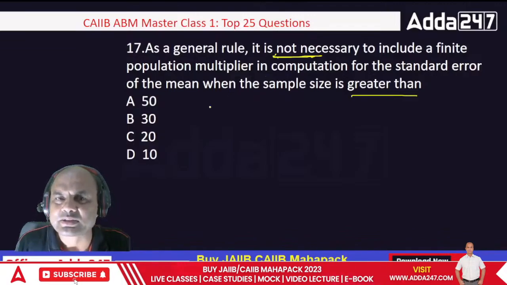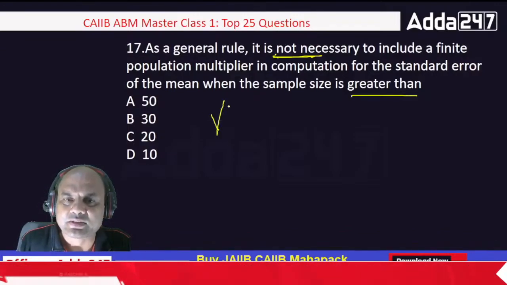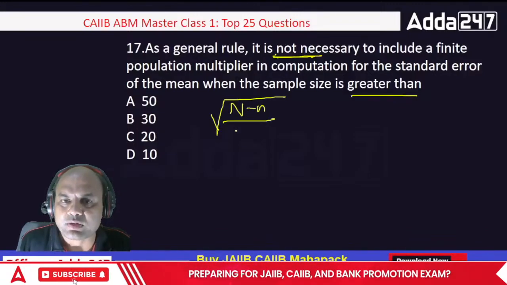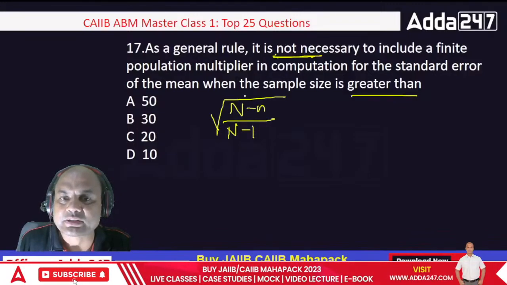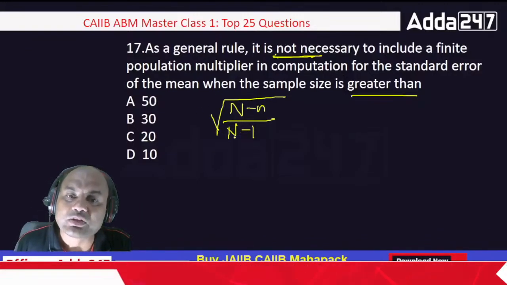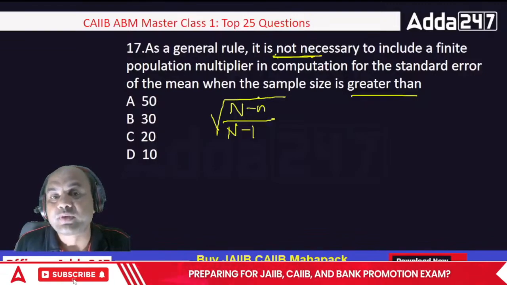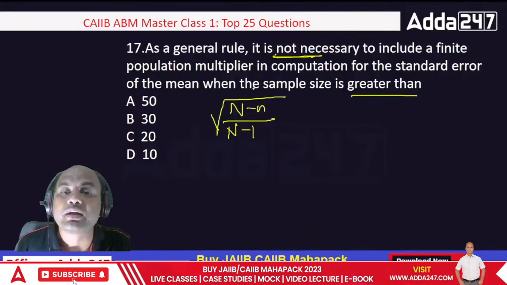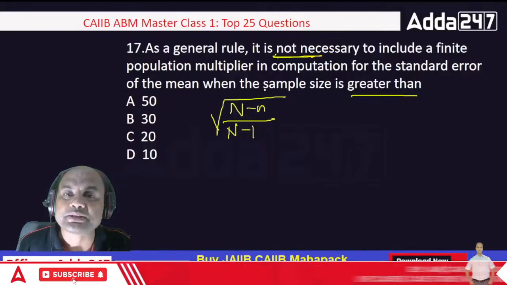What is this finite population multiplier? See, it is like this: (N minus n) upon (N minus 1). This is known as a finite population multiplier. We use it when the population is finite, meaning we can count it, and we don't use it when the population is infinite.